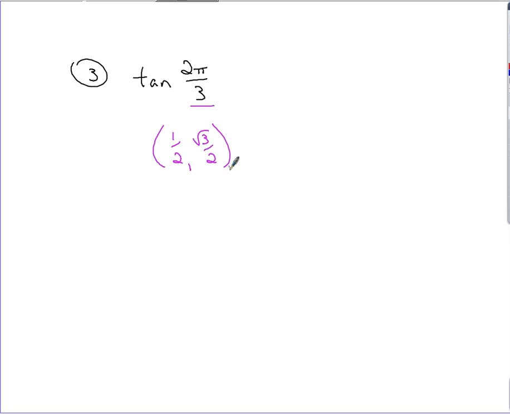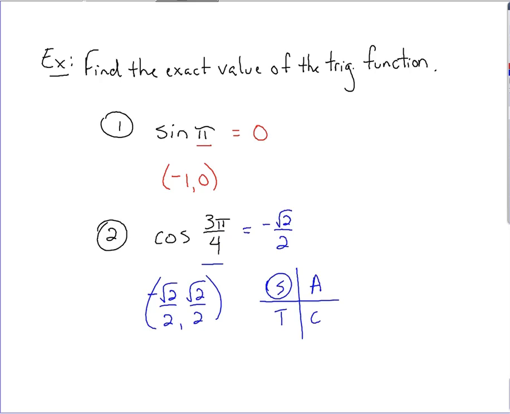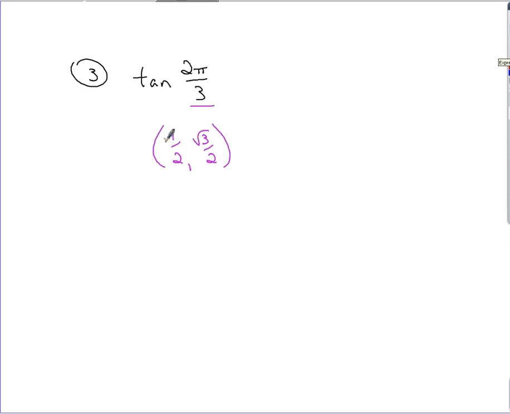Understanding where 2 pi over 3 is located, again, I can go back to the circle here, count it out if I need to. You've got 1/3, 2/3 is going to be over in the second quadrant. So x is negative, y is positive again. There's the terminal point that's going to be connected to 2 pi over 3.